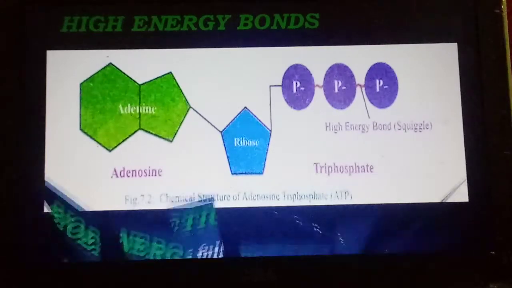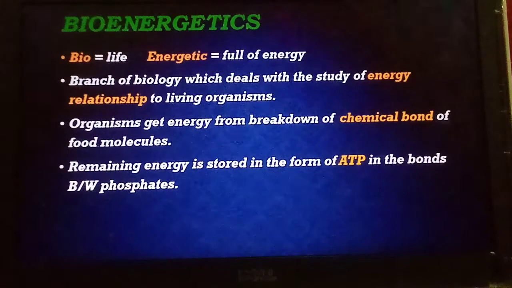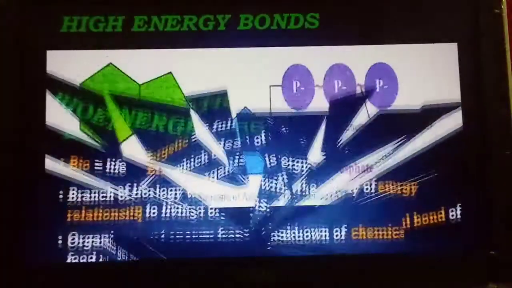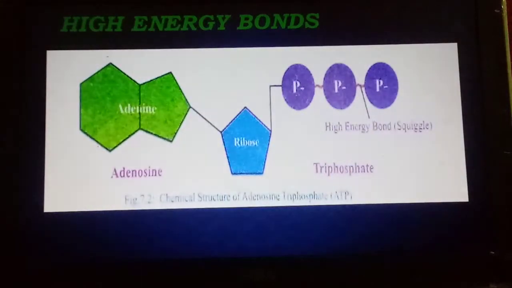Going back to the previous slide: organisms get energy from the breakdown of chemical bonds. The chemical bond is this bond, because this is the glucose we take as food into our bodies. During respiration, when we break this bond, one phosphate is released, and the triphosphate changes into diphosphate, meaning 2 phosphates remain.